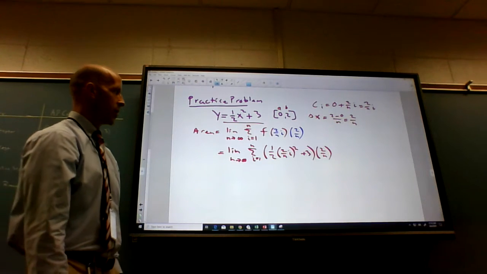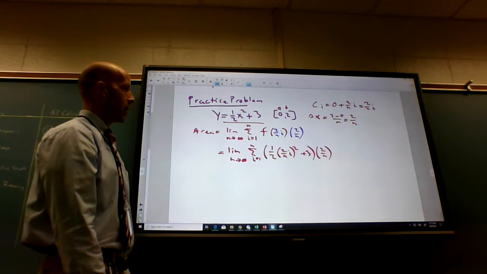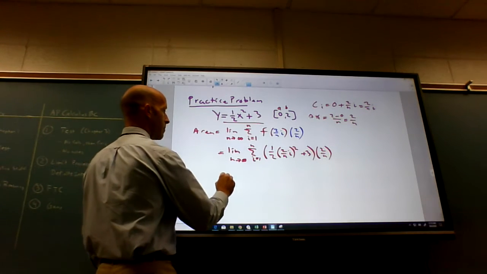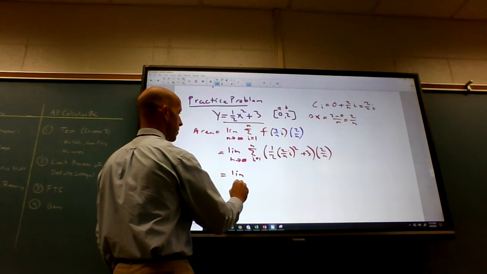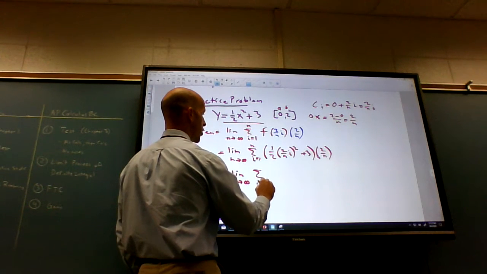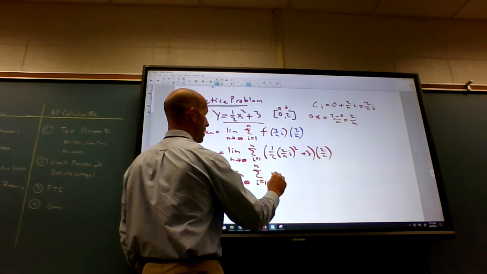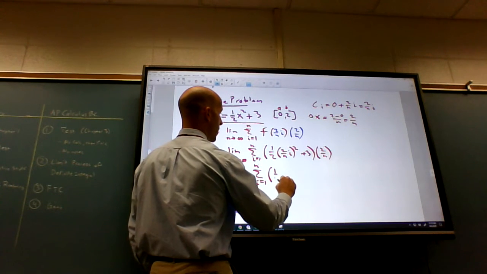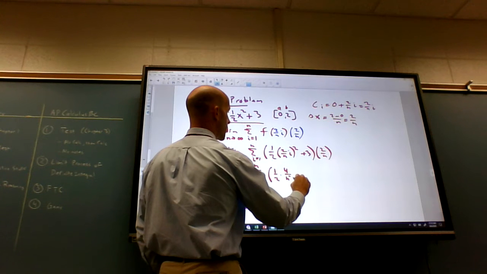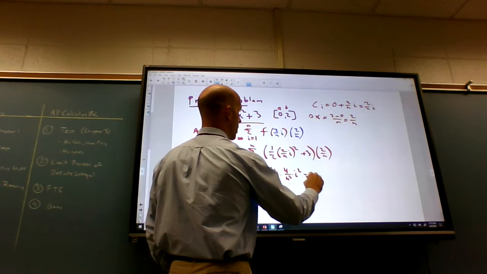So there's our formula with basically everything in it that we need, and the rest of this is going to be pretty algebraic. So let's go ahead and simplify this a little bit. Limit as n goes to infinity, summation i equals 1 to n. Then this is going to be 1/2 times 4 over n squared times i squared plus 3.